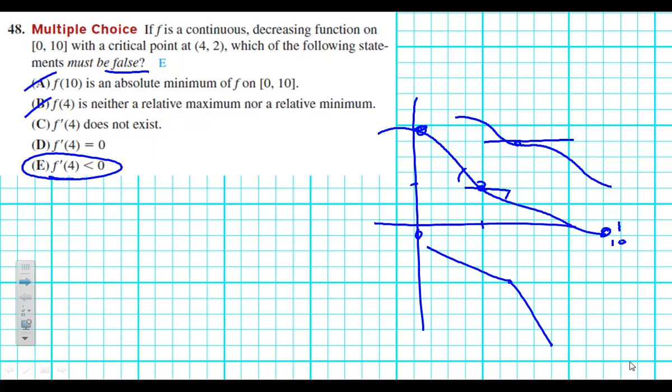Or undefined. That seems to me like the right reasoning. If it's undefined, it can't be less than 0. And if it is defined, to be a critical point, it has to equal 0. All right, that's good. Oh, and it's the right answer.